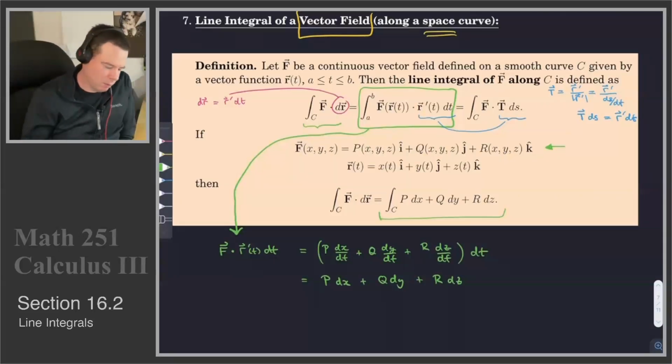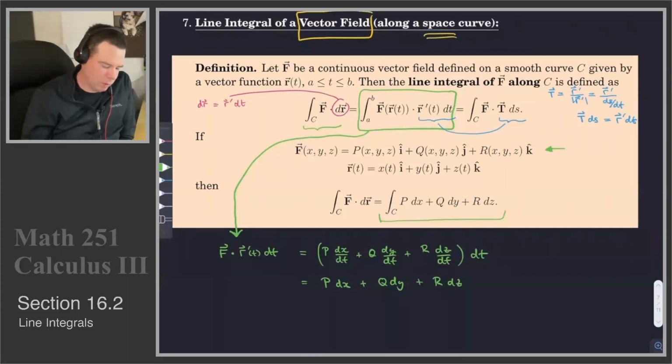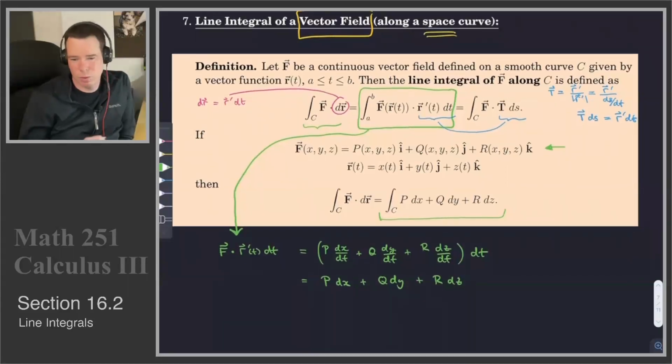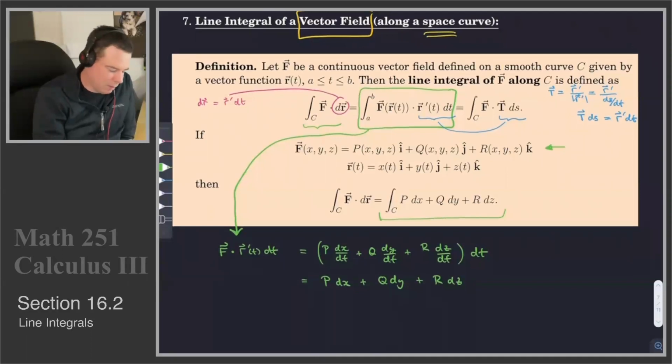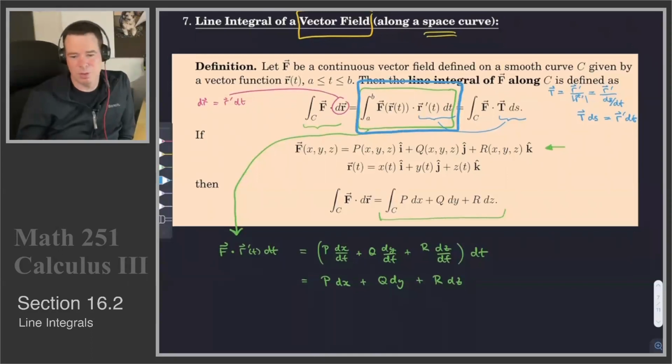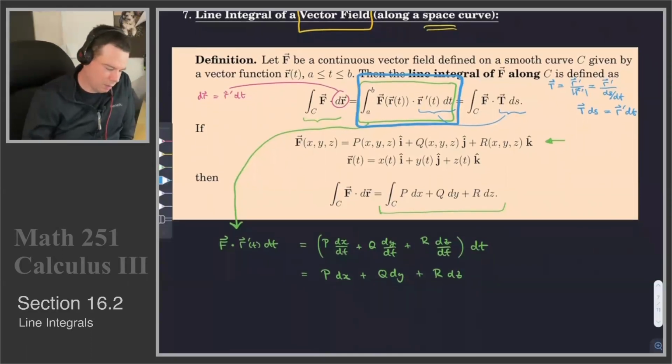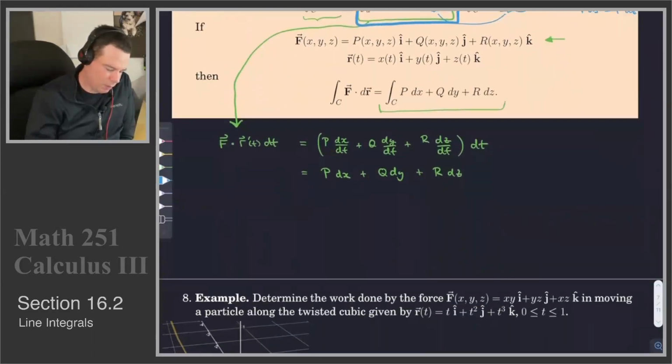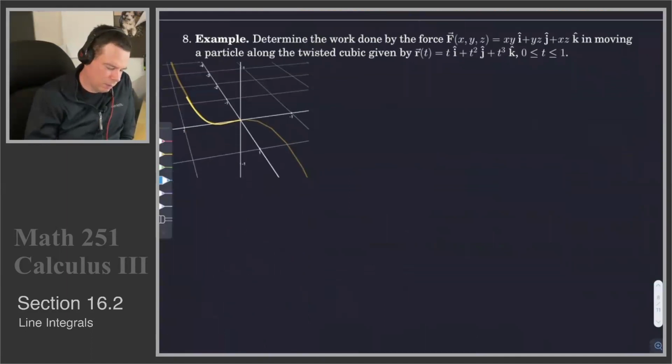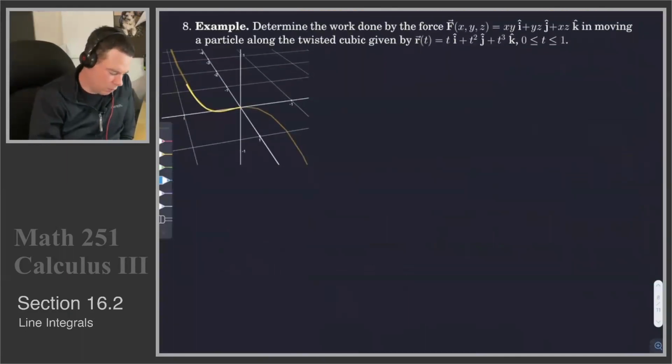So there's some nice tie-in with the scalar functions, but we don't have to worry about that. If there's any takeaway from all of this, it's that this integral right here is the one we're interested in, and that's how we're going to evaluate it. So let's do some examples of these integrals of vector fields over curves.